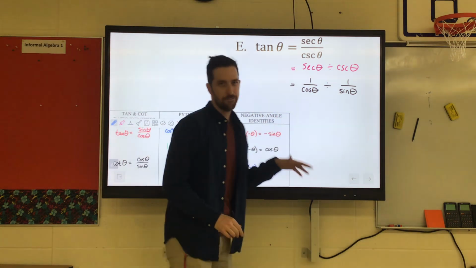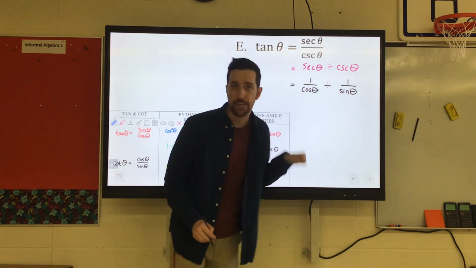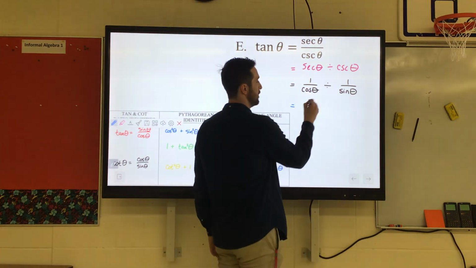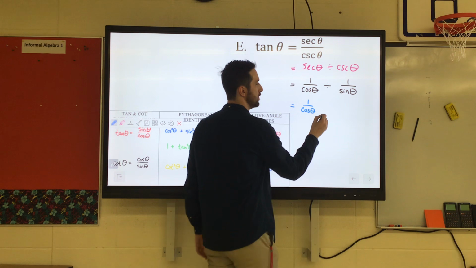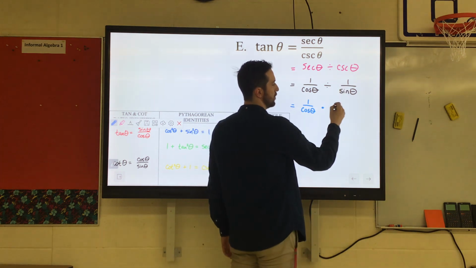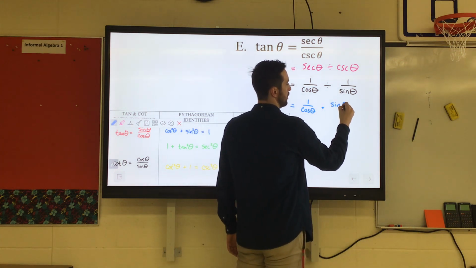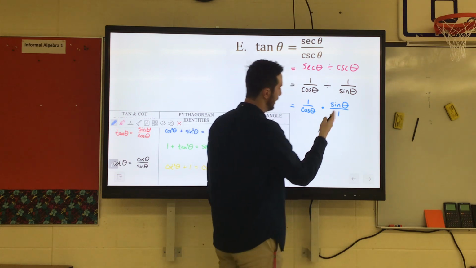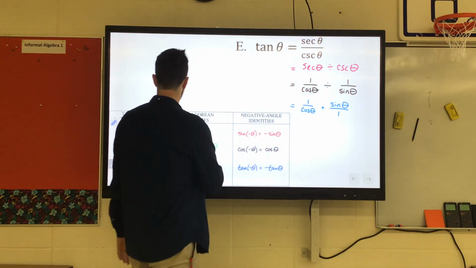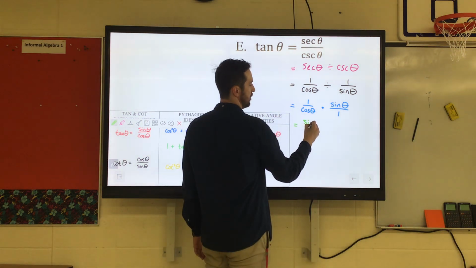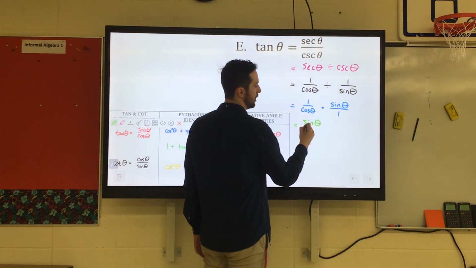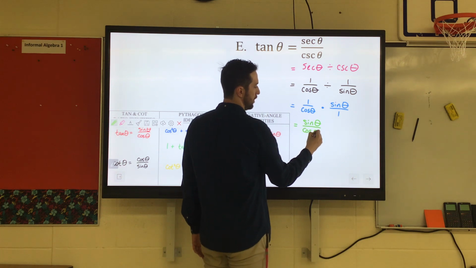But when you're dividing fractions, remember the old keep, change, flip. You keep the first fraction, you change it to multiplication, and then you use the reciprocal of the second fraction. Now, you could cancel out the ones. Why would you? We could just go ahead and multiply. 1 times sine is sine of theta. Cosine of theta times 1 is cosine of theta.